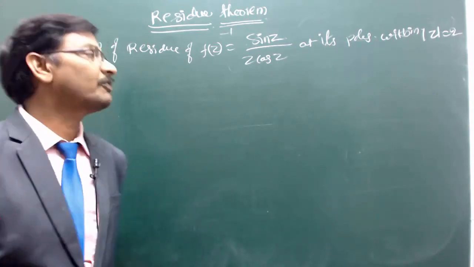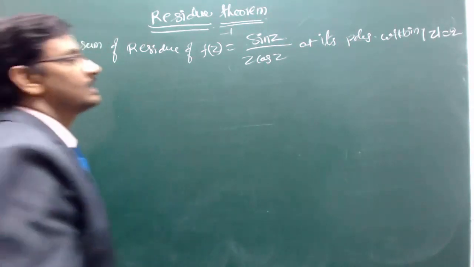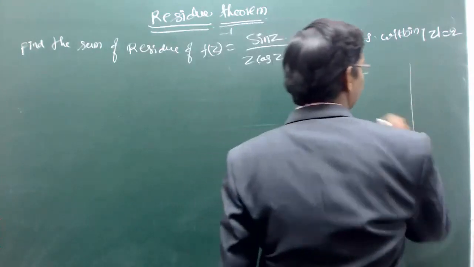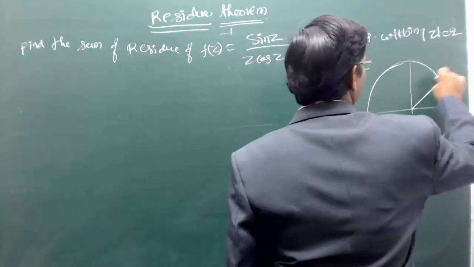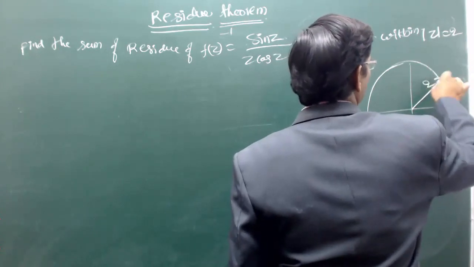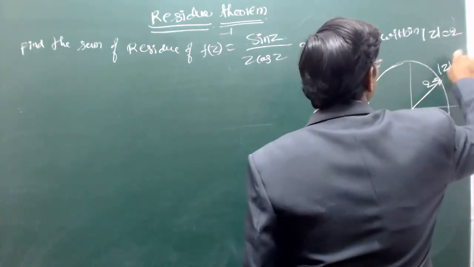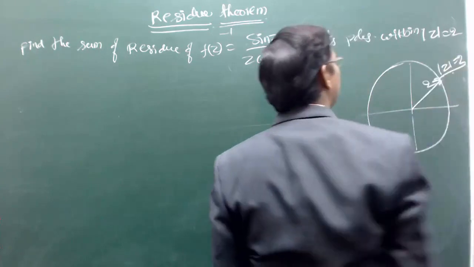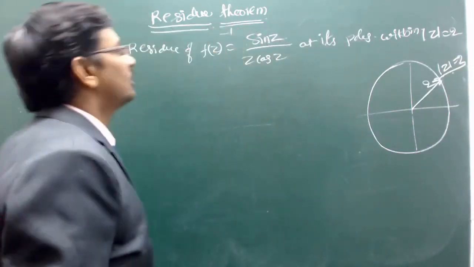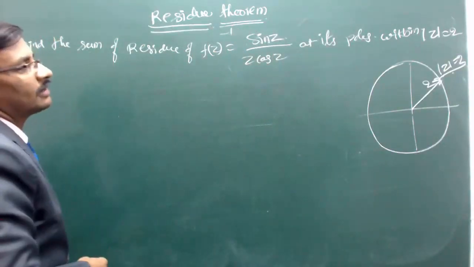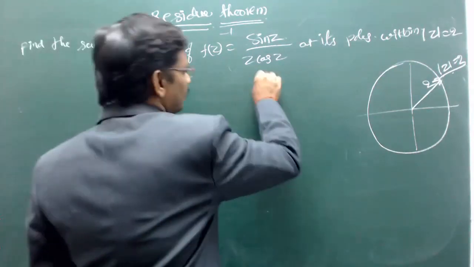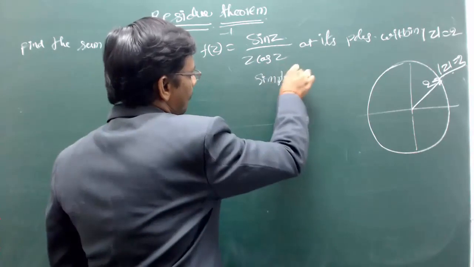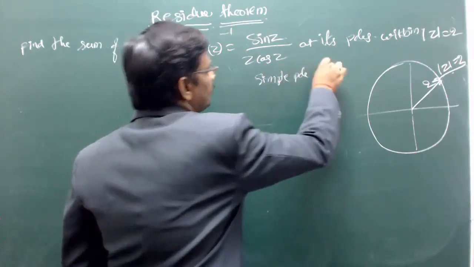See this, let me find out. Here the region of integration is mod z is equal to 2, so this is the circle of radius 2. Now within this circle there are different poles. The poles are nothing but the points which make the denominator 0. So there is one simple pole at z is equal to 0.